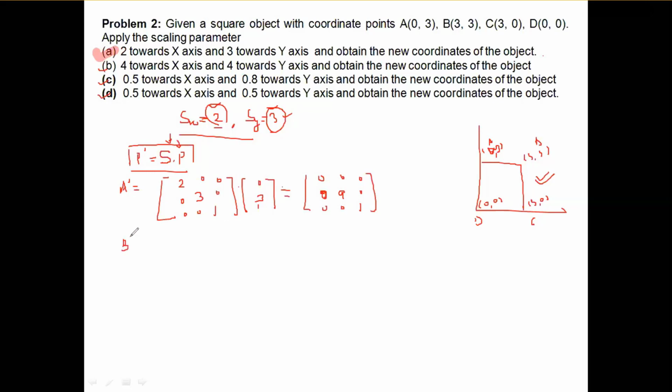Then B dash. Again I write the matrix 2, 3, 1, and the point of B is 3, 3. Sorry, I wrote it wrong.